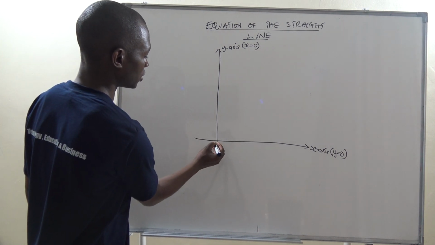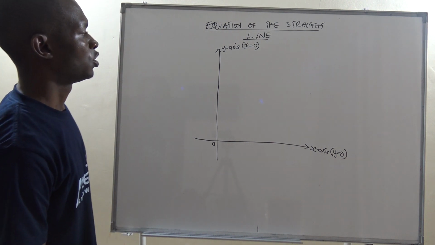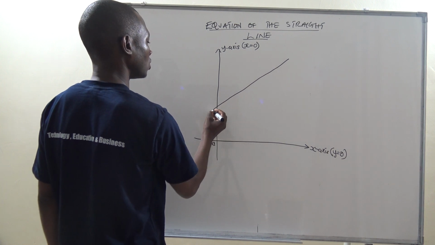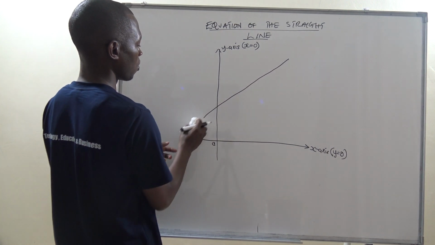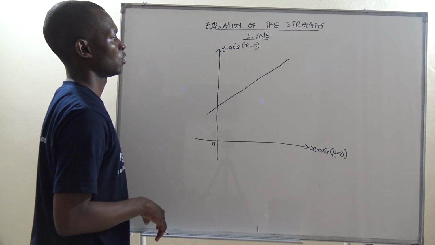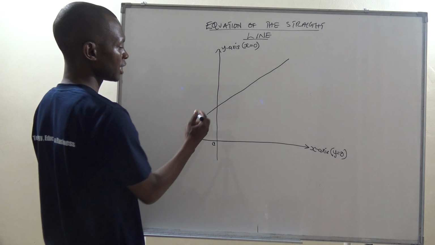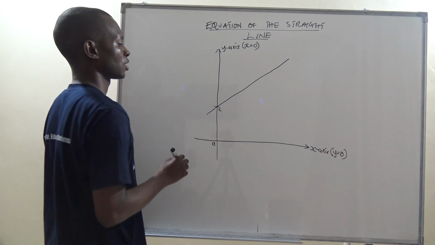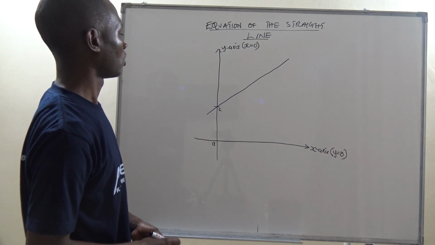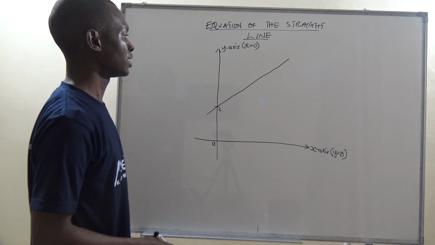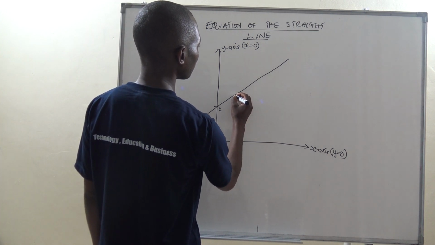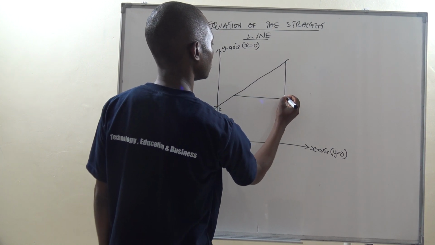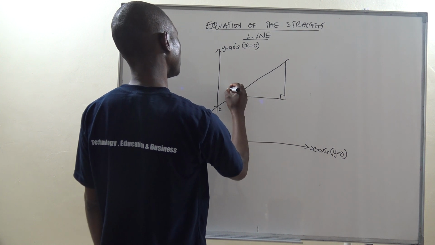Since this one is our origin, point 0, 0, if you have a line which is cutting through the vertical axis, this point is called point C. That is what we call the y-intercept.